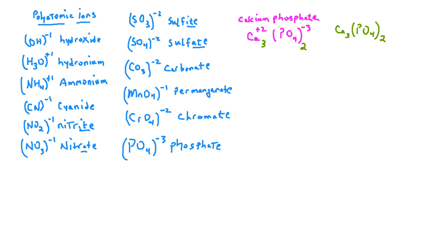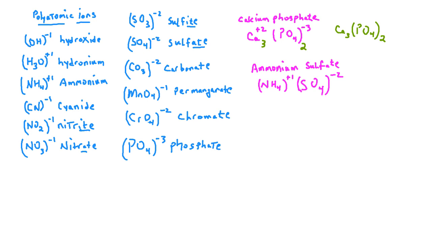Okay. Suppose I want the formula for ammonium sulfate. All right, well, ammonium, we just said, was NH4, and ammonium wants to give away 1 electron. Sulfate is SO4, but it needs 2 electrons. Sulfate needs 2 electrons, but ammonium can only give 1.